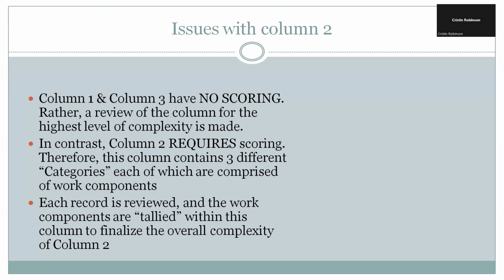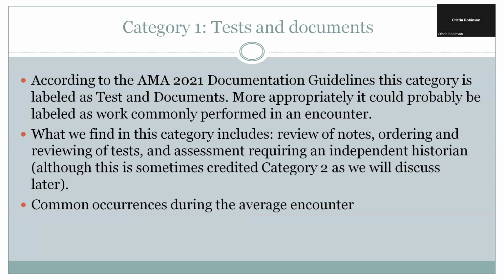So this is your data column. This is where they're going to be running lab tests or radiology tests, those type of things. Each record is reviewed and the work components are tallied within this column to finalize the overall complexity of column 2, or the overall complexity of the data addressed.